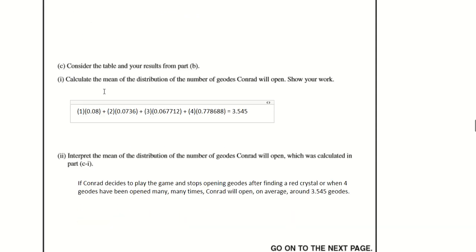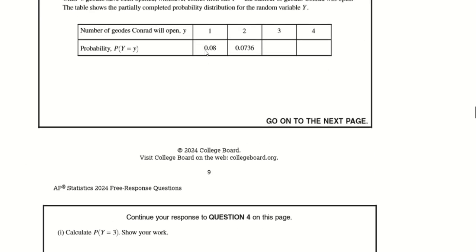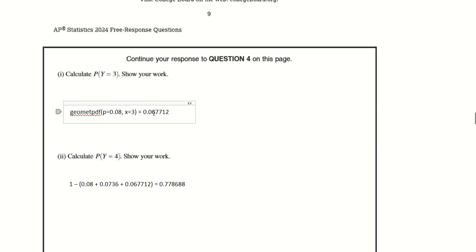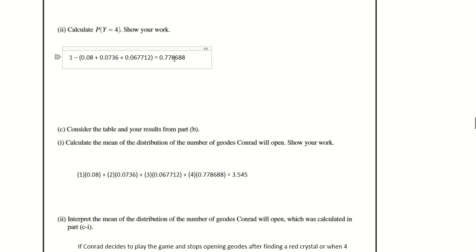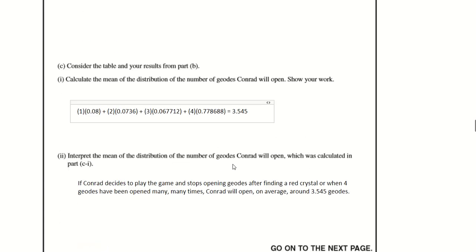And in order to calculate the mean of the distribution of the number of geodes Conrad would open, you simply do 1 times 0.08 plus 2 times 0.0736, 3 times 0.067712, and then 4 times 0.778688. And that should give you 3.545 geodes.